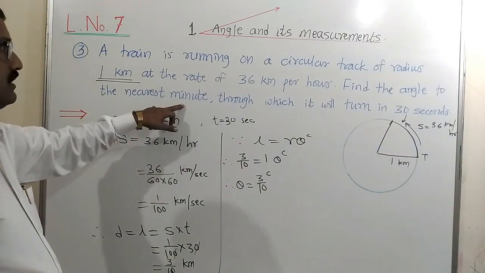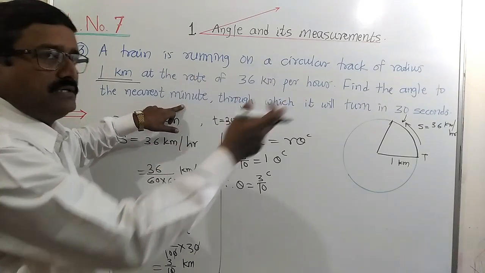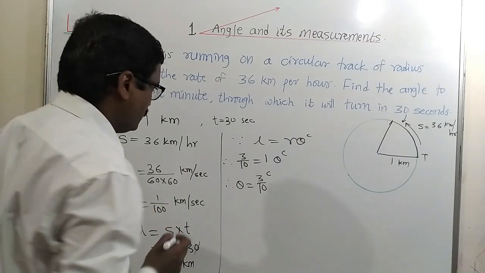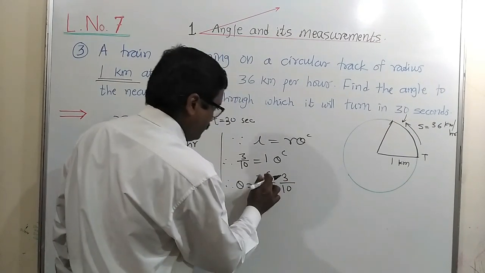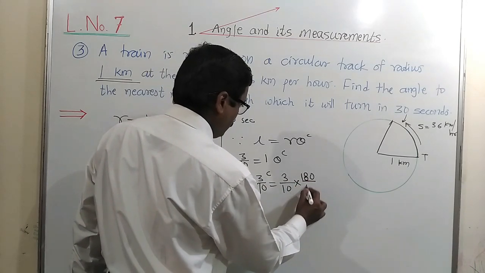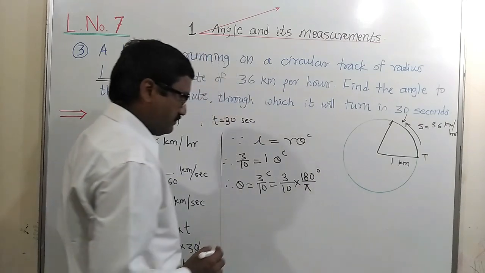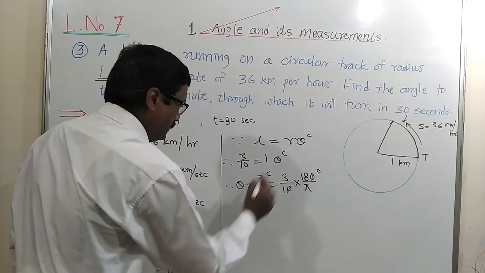It means you have to convert this angle, which is in radians, to degree-minute measure. For that, we will write 3 by 10. To convert this radian into degrees, we will multiply it by 180 upon pi degrees. Put the value here, 0 gets cancelled, 18 into 3.